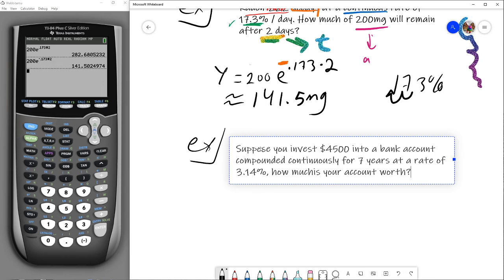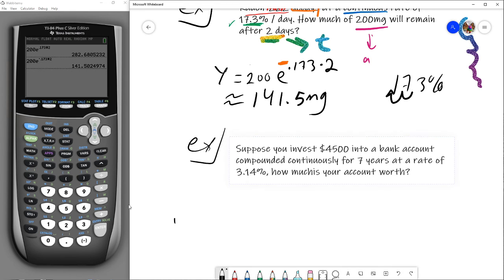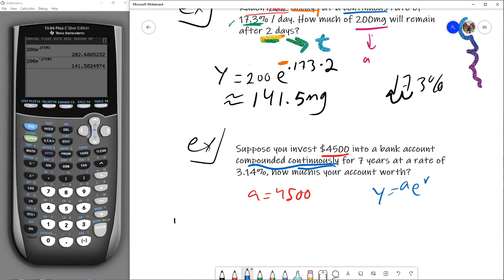Math time. That 4,500 is our A. We keep reading: continuously compounded. Since it's continuously compounded, that tells you you have to use this formula: Y equals A e to the RT. Then 7 years tells you time is equal to 7.